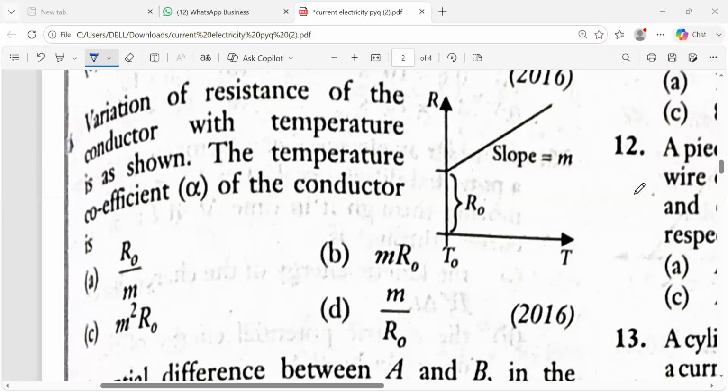So do this question. If you want, I'll just fill the slope only here.